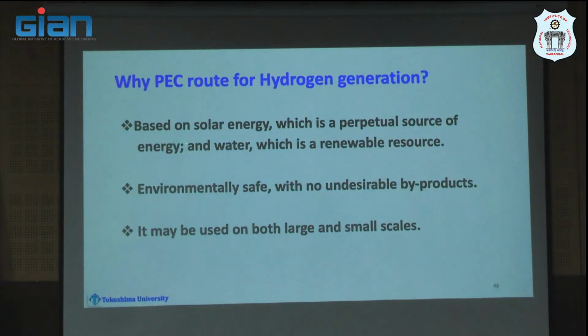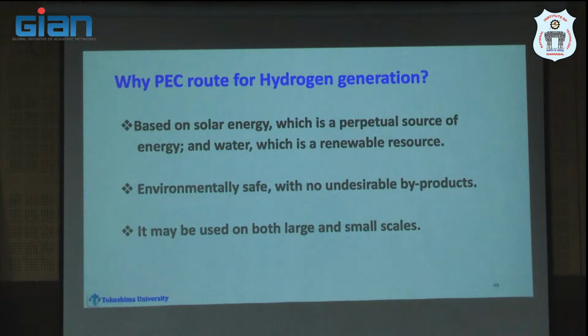Because it is based on solar energy, which is a continuous source of energy, water is also a renewable resource. Like the sun, we also have water, so water is available in large quantity. That's why, when I told you to prepare a nanostructure, it should be low cost and easily available.